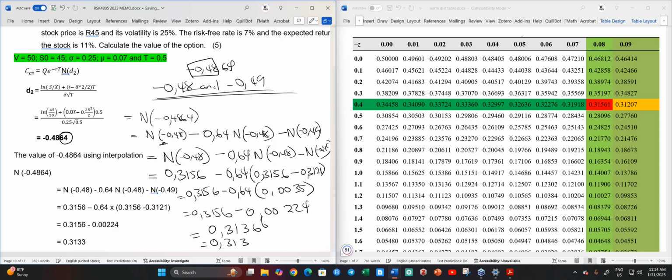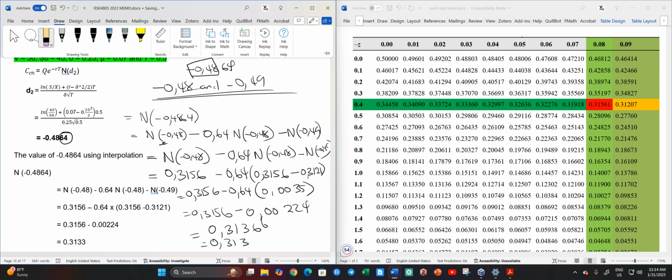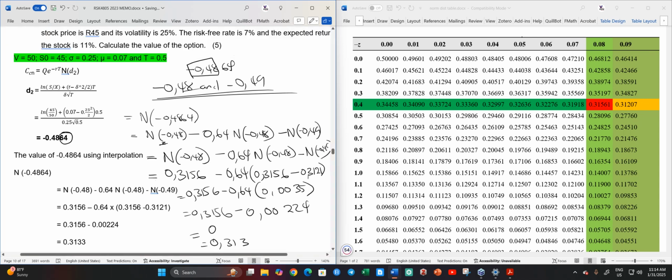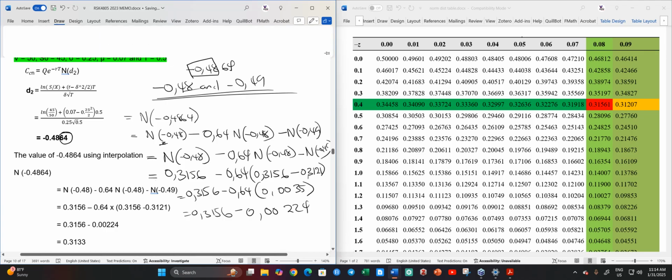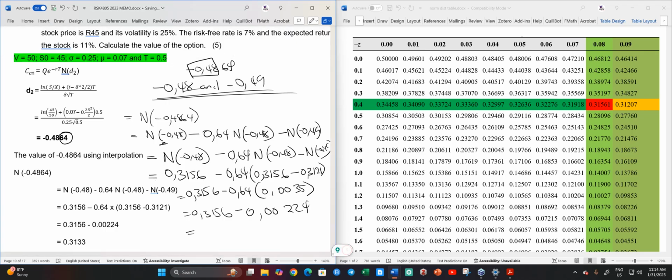Here we said our answer is, let me just correct. If we subtract here, you are getting 0.31336. So to 4 decimals, we can get it as 0.3134.